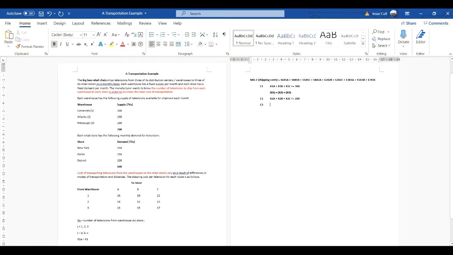From warehouse 3, Pittsburgh, we have to deliver to A, B, and C, but the total to A, B, and C must be less than or equal to 200. It can't be any more. So X3A plus X3B plus X3C must be less than or equal to 200. These are our first three constraints.